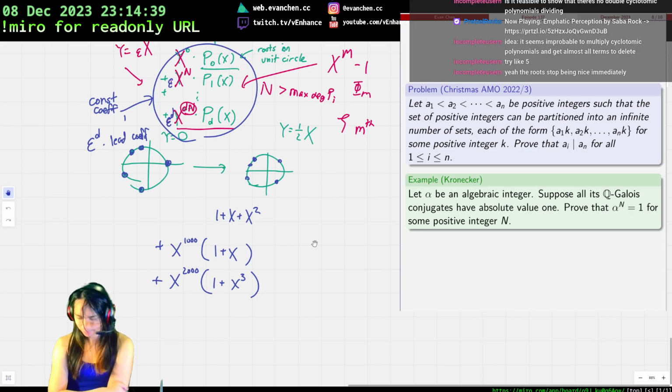So just for complex analysis reasons, like when I plug in a root of unity... okay.